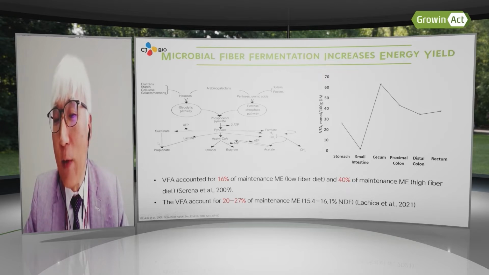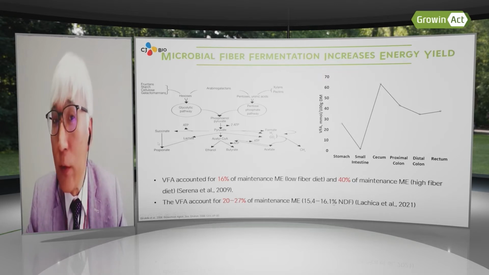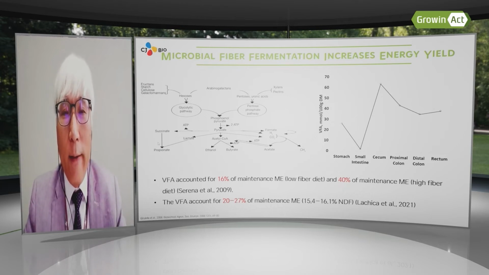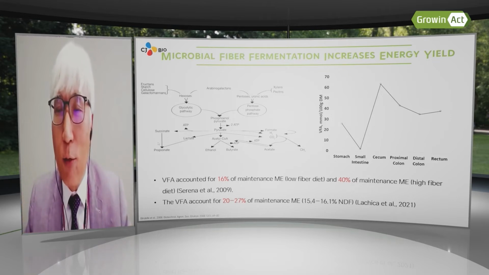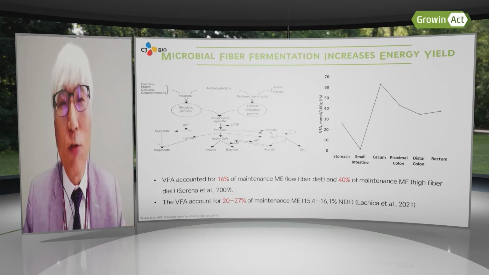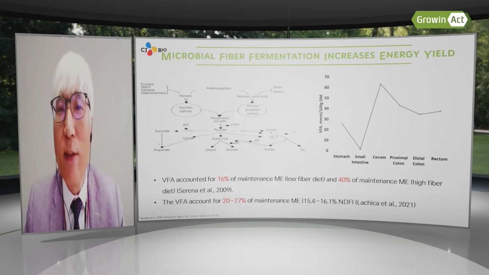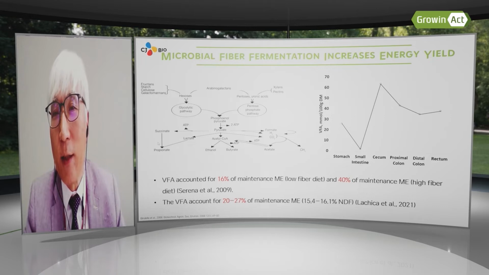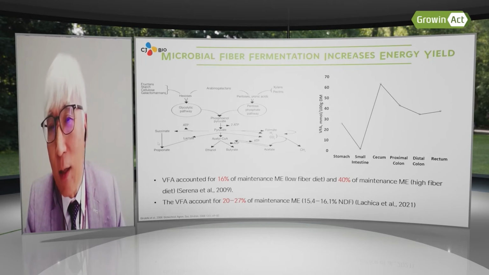This is the NDF level you can generally find in grower finisher diets. So you can imagine that in a general grower finisher diet, about 20 to 27% of the maintenance energy is supplemented by production of volatile fatty acid. It's not a small amount of energy.